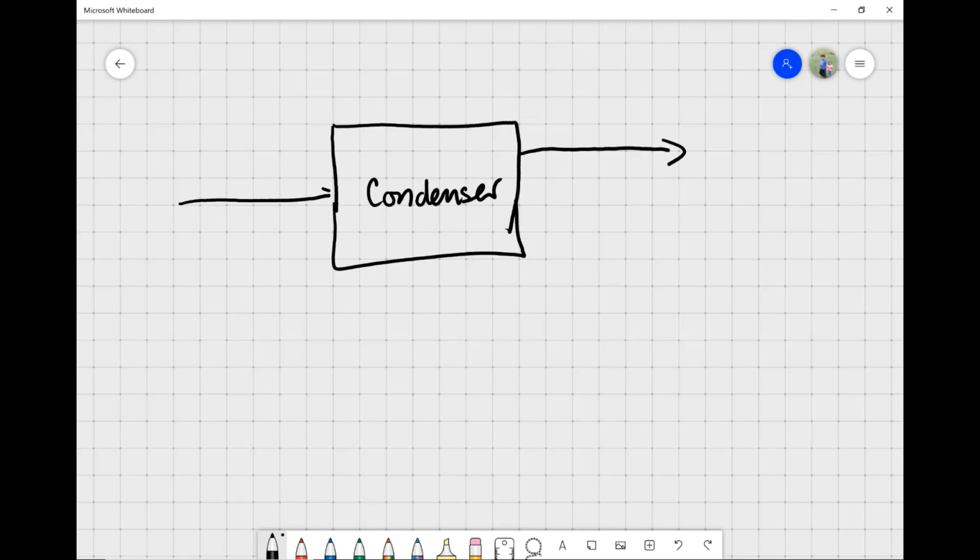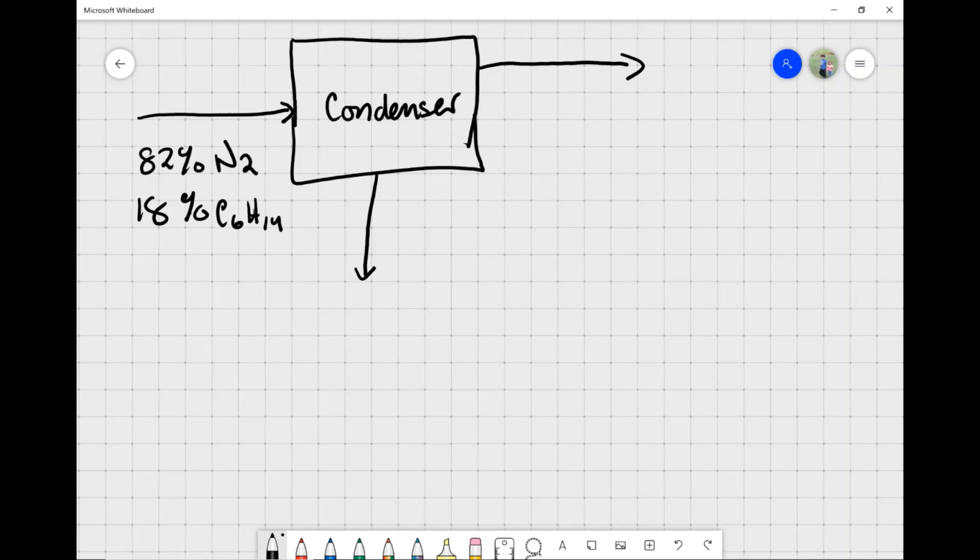We had this stream coming in, and it was 82% nitrogen in the N2 form, and 18% hexane, which is C6H14, and then it had a liquid stream that was pure hexane. So all of this stream is hexane.